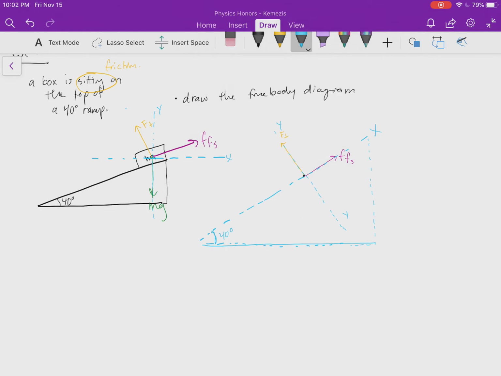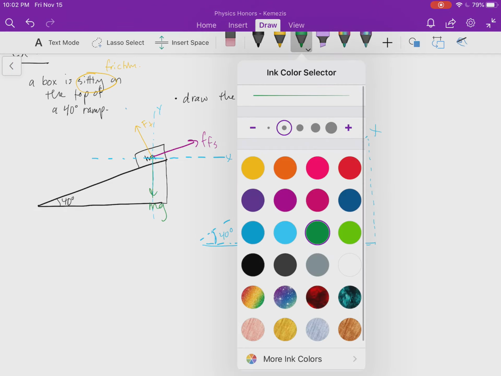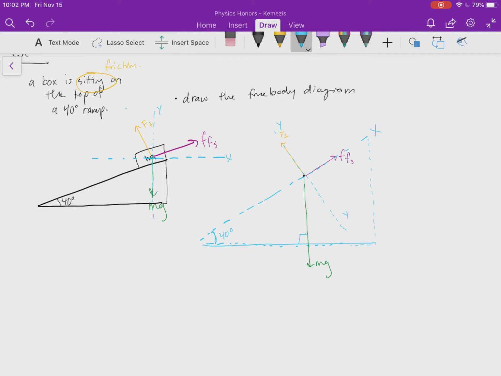Technically this mg extends down towards the ground, and it would go like this, and it actually makes a right angle right here. Okay, so if I just made a right triangle with a 40 down here, this angle has to be 50 degrees. Okay, and then notice that right here, where the x and y meet, is 90 degrees.